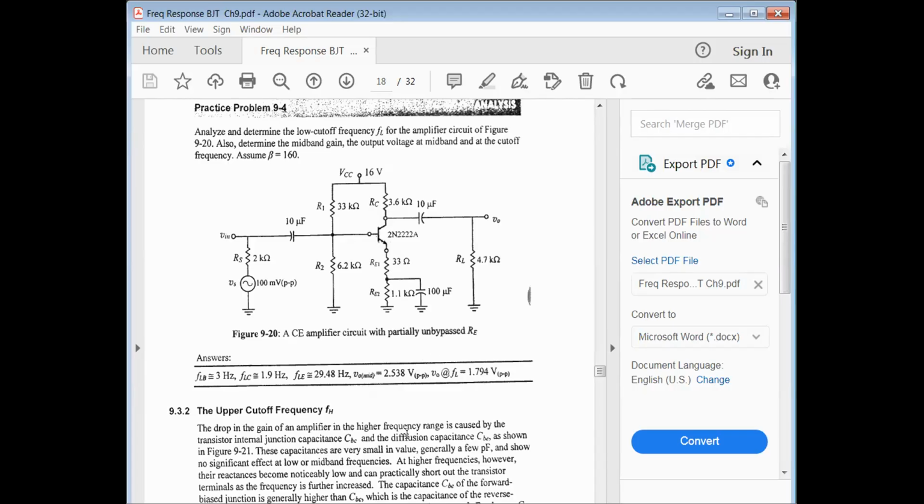So then for the cutoff frequencies, you'll need to calculate your pole due to this capacitance, which will give you your dominant low frequency pole, and the voltage at the cutoff frequency.